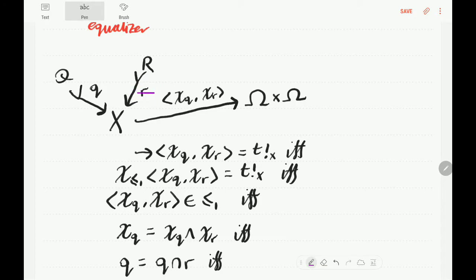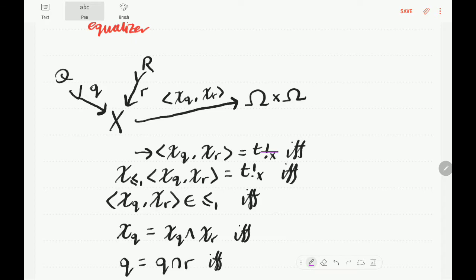Suppose we have subobjects R and Q of X. Then we can form their classifying arrows, and we can form a product pair of them into omega times omega. And now what we're going to have is implies after chi q comma chi r sends everything to true. By the way, this is usually written as chi q implies chi r. So often that arrow is shifted into the middle as an infix operator instead of a prefix operator, but this is the proper way to write it.